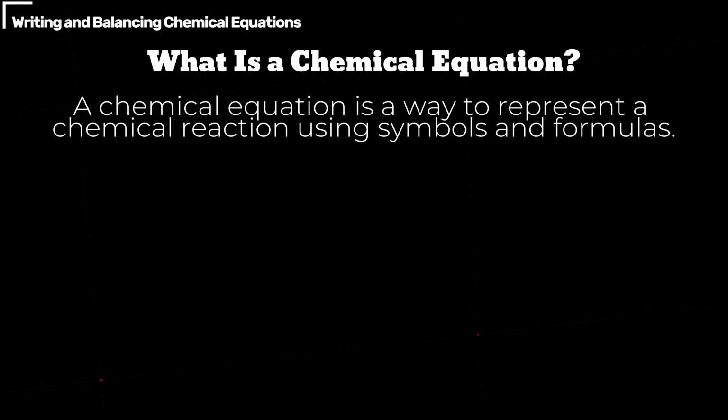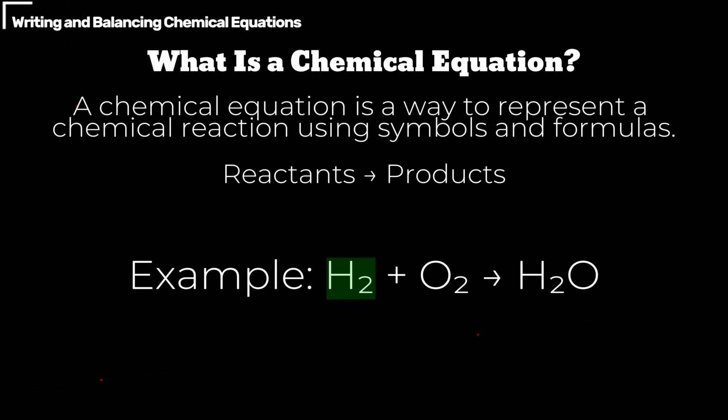The standard format is to write reactants on the left-hand side with an arrow linking you to the right-hand side, which is the product side. For example, you have hydrogen reacting with oxygen to give you water. You use symbols to represent chemical equations.